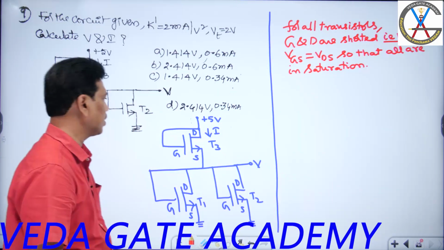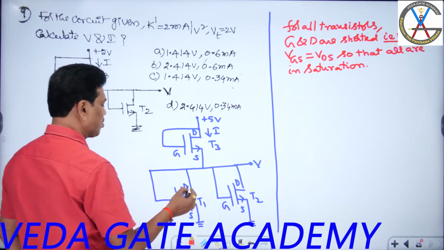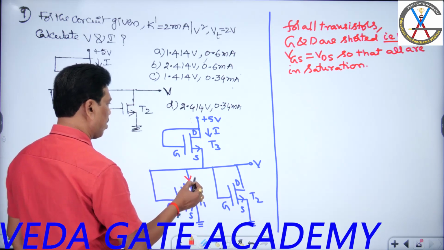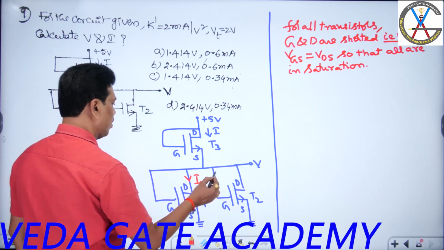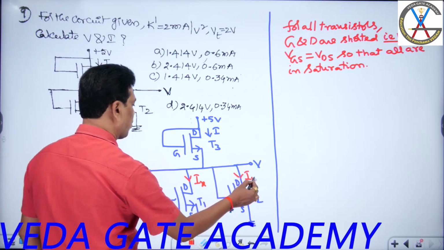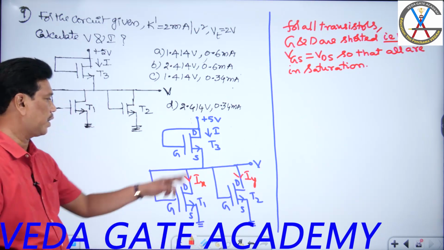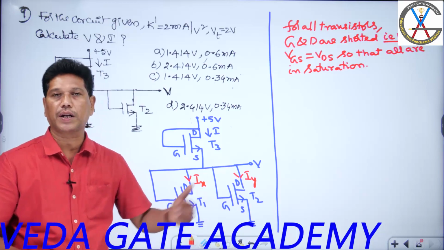For T1, I assume that the drain current is Ix. For T2, I assume that the drain current is some Iy. So you may get I equal to Ix plus Iy, and by that you can get the value of I.